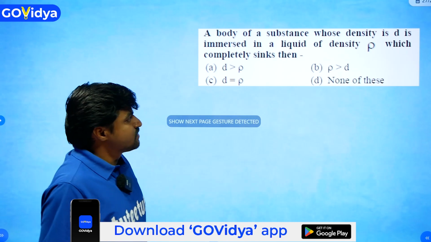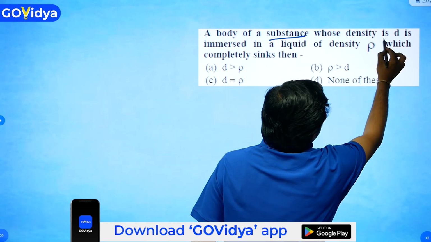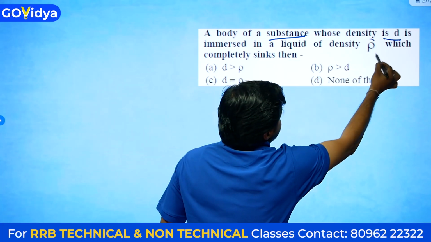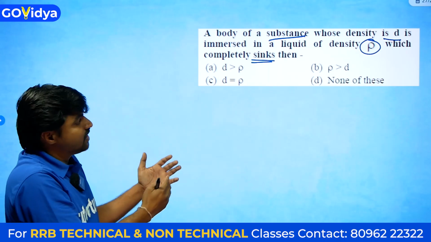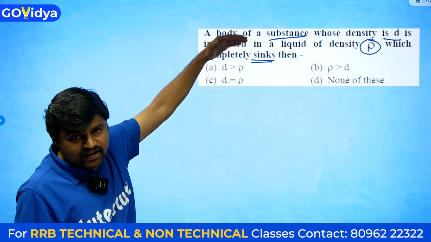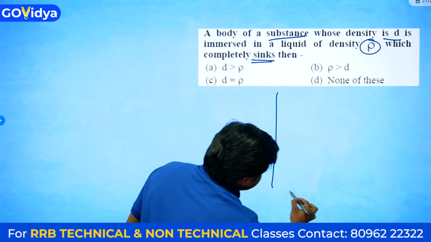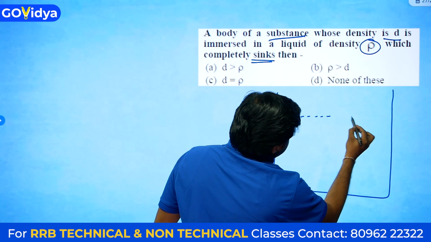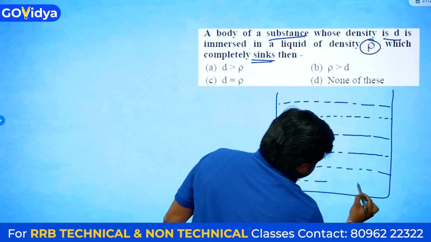A body of a substance whose density is D is immersed in a liquid. The liquid density is rho. Completely sinks. Sinks means it goes down. When the body is put in the liquid, it completely sinks. Okay, I will give a clear idea. This is the liquid. The liquid may be anything, water or any liquid.